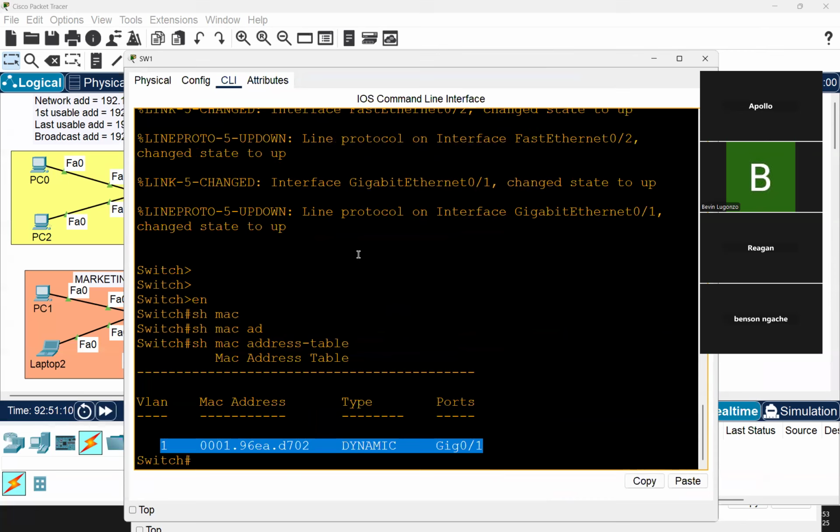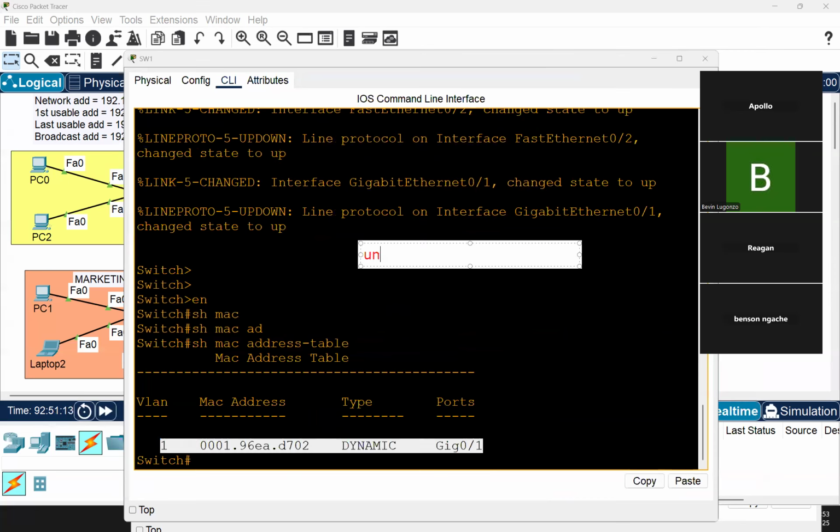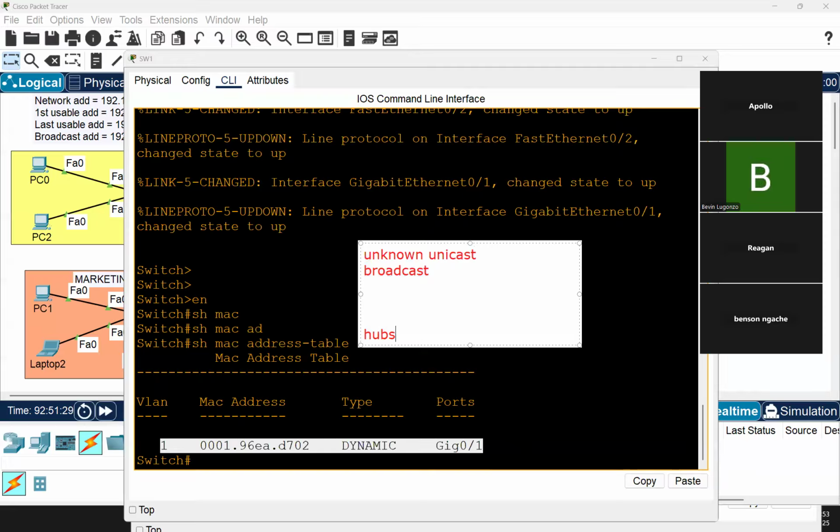So a switch will only flood what is called unknown unicast, and it will also flood broadcast. Those are the only two types of traffic that the switch will flood. But with hubs, they will always flood any and all traffic, always.